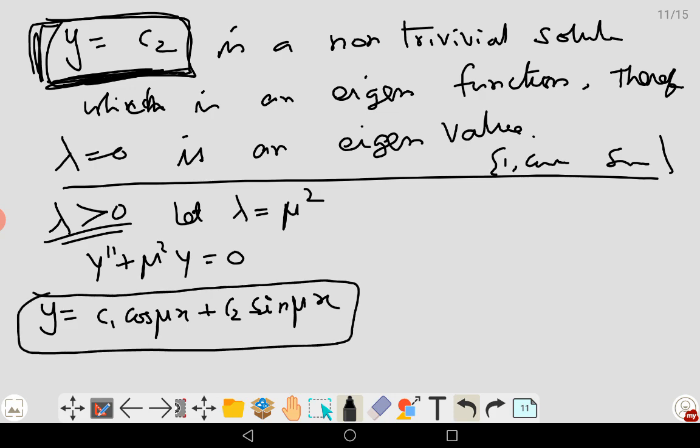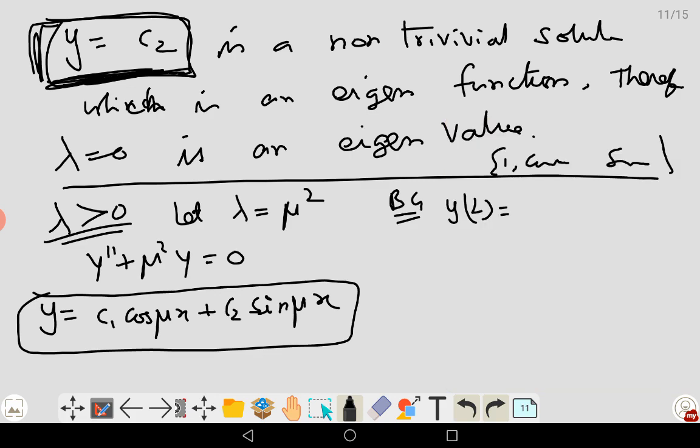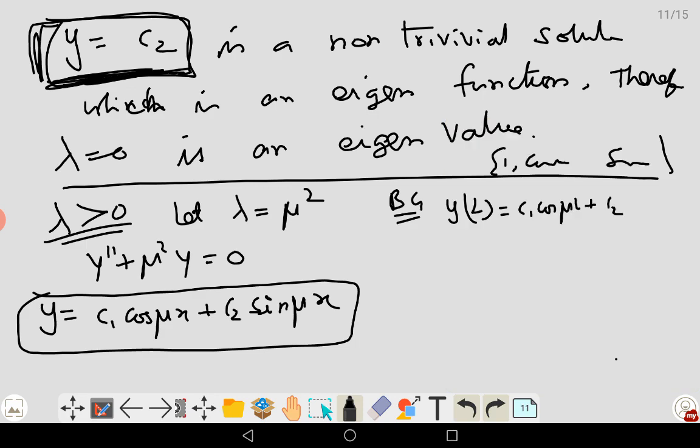We are going to use all the boundary conditions. So for boundary condition 1, we will go ahead with y of L. Substitute x is equal to L. In this equation, I will get C1 cosine mu L plus C2 sine mu L.